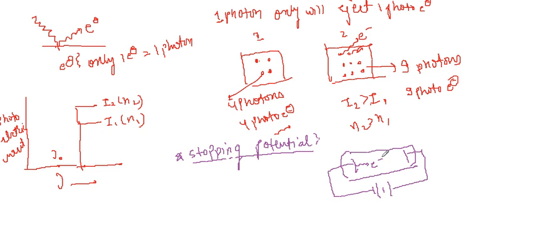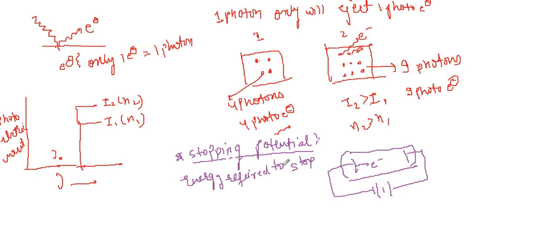In order to stop that electron, the energy required to stop a photoelectron of maximum kinetic energy is called stopping energy.